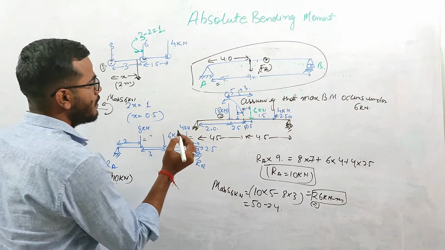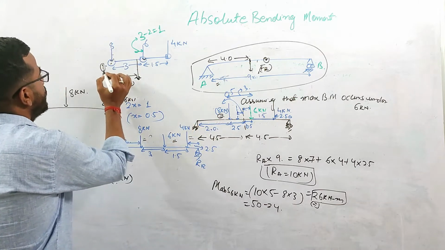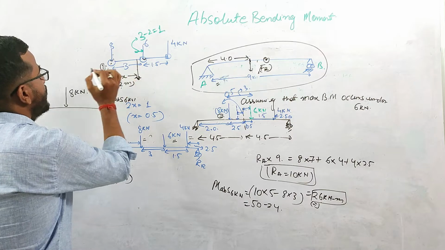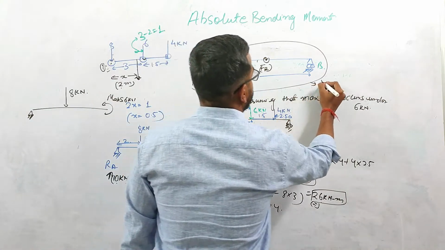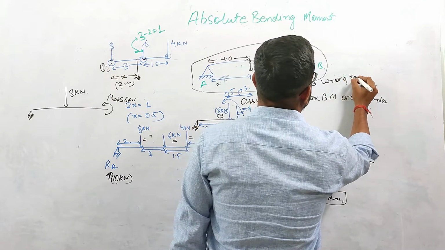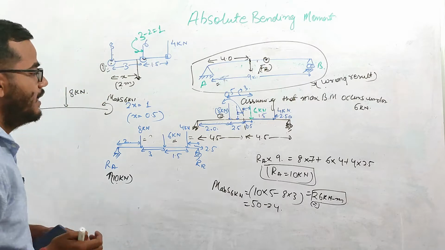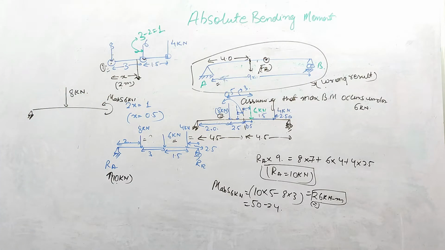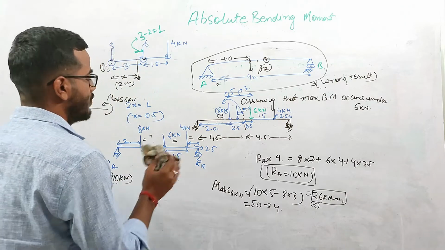Because while calculating the positioning of the resultant load, you calculated it with respect to this 8 kilonewton load. That's why this approach will give you a wrong result. Remember that, right?